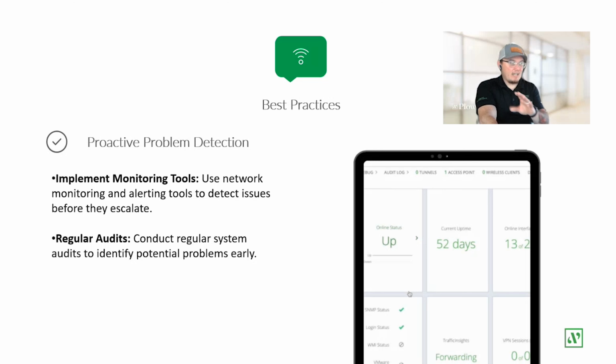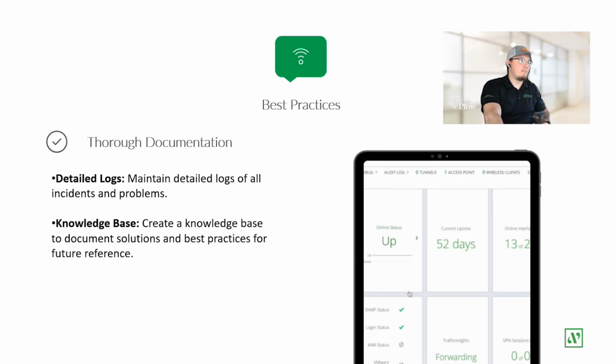So proactively detecting the problem. There's a ton of monitoring and alerting tools. Won't go into that. You guys are very familiar with that. But essentially, the goal here is being able to detect problems before they become really, really big problems. And that is done by making sure that we isolate and properly document incidents so that we can detect larger problems once they start to occur.